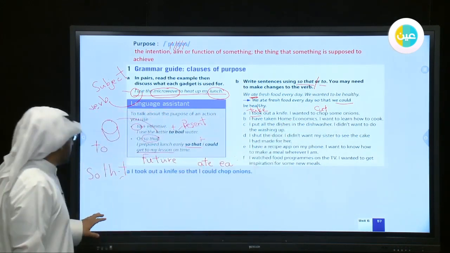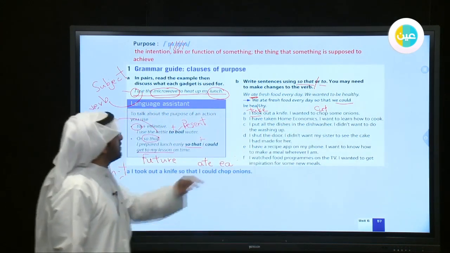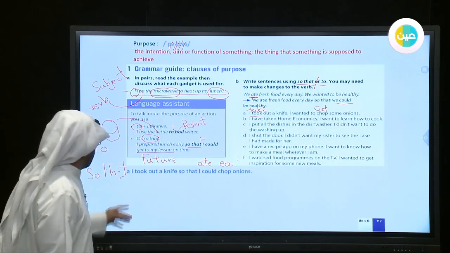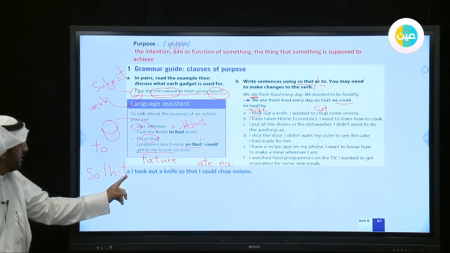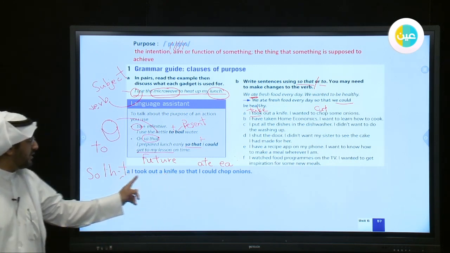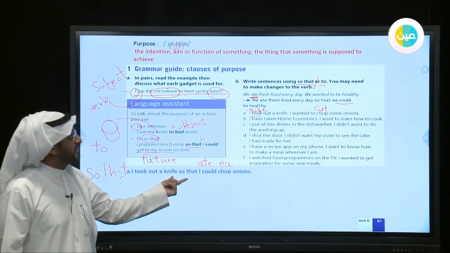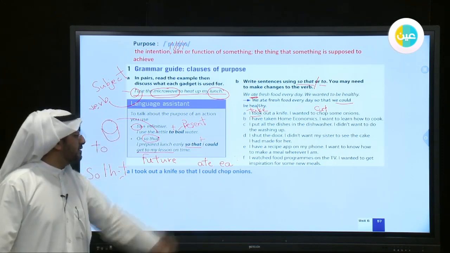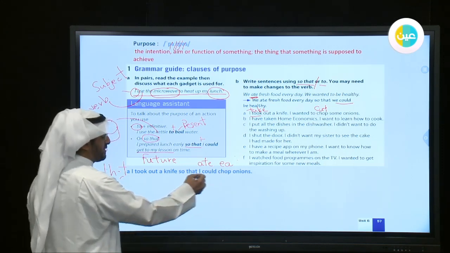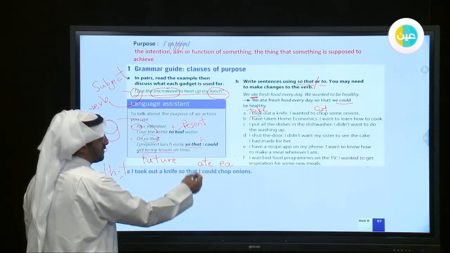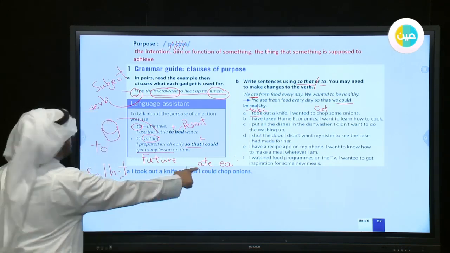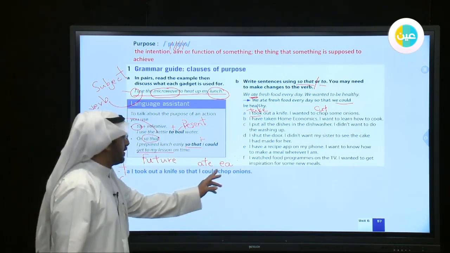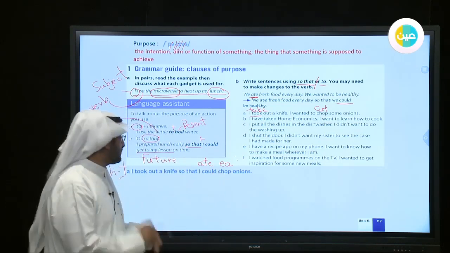We will change the sentence by adding so that or to. Answer: I took out a knife so that I could chop onions. Could is the verb, after the subject. Chop onions, cut onions.